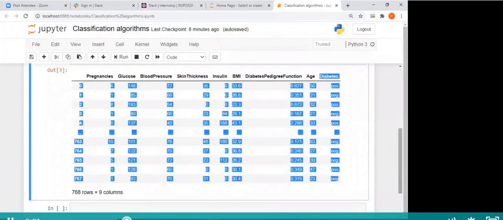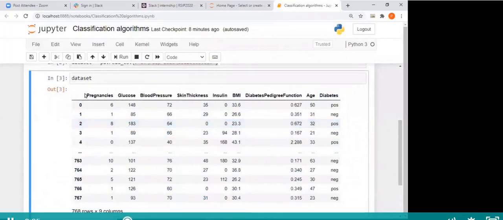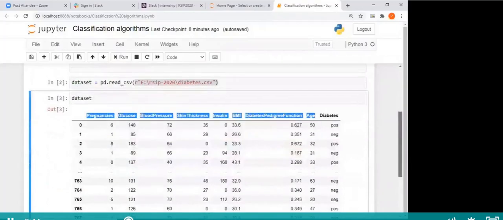Now, do we have to apply label encoding for this data set? Yes or no?